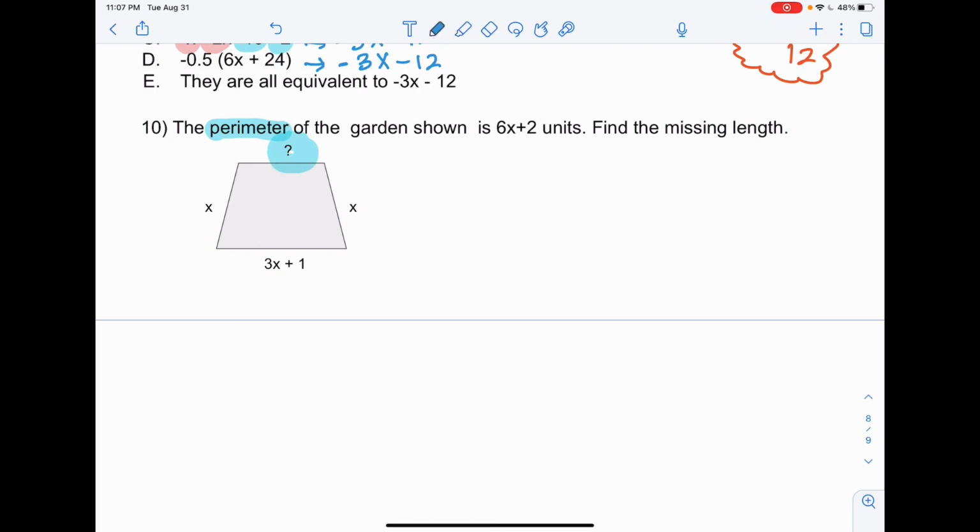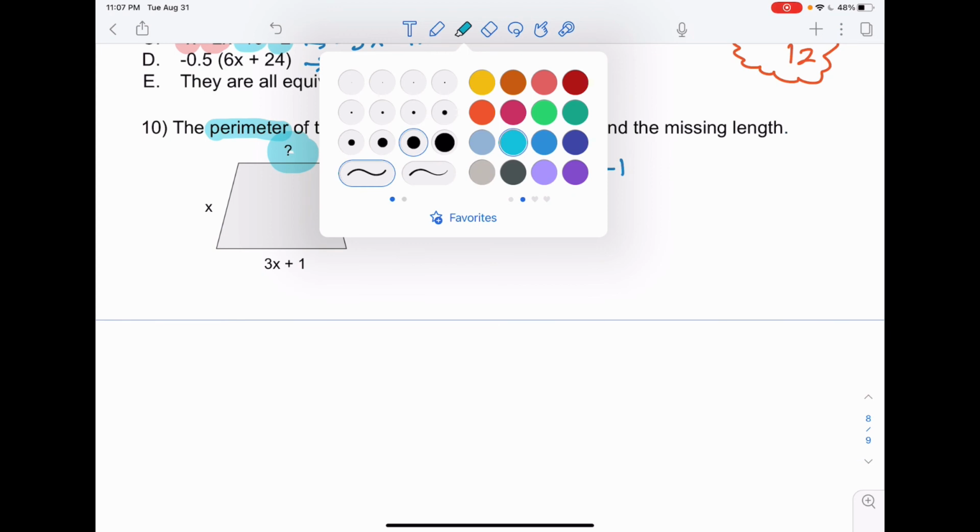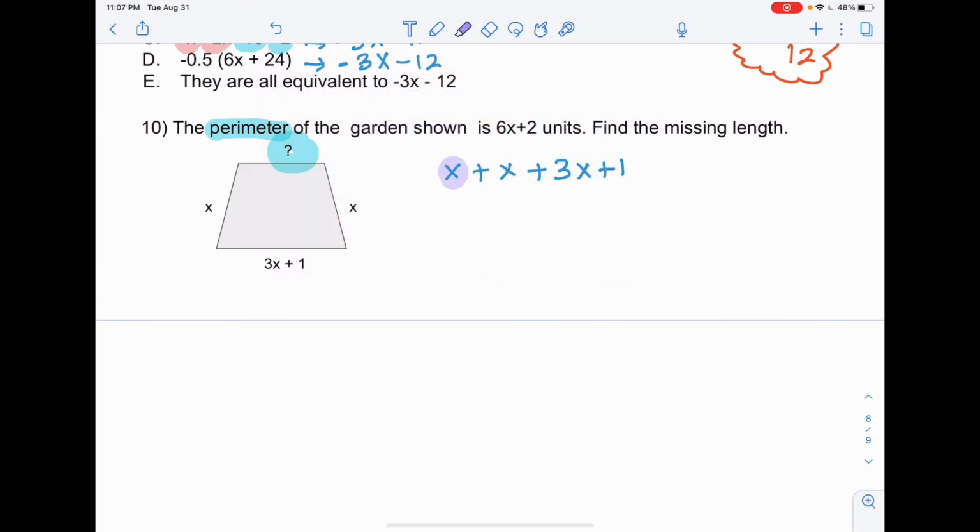Let's go ahead and first combine all three sides, x plus 3x plus 1. So when we combine like terms, let's use a different color. So x plus positive x plus positive 3x will give us 5x.